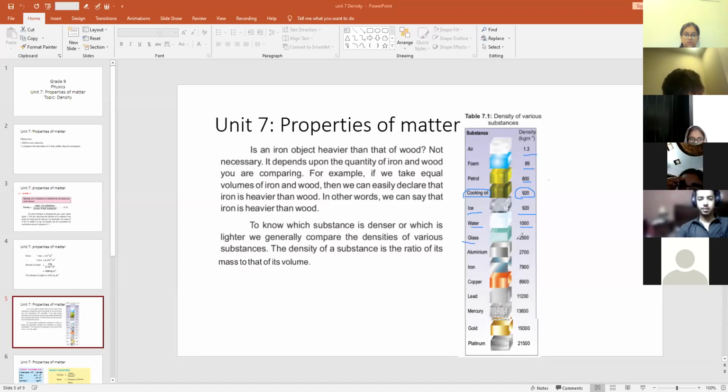Then glass has 2500 kg per meter cube, which means it is more dense as compared to the air, foam and petrol. Then aluminum, all of you know that aluminum is an element, has a density of 2700 kg per meter cube. Then iron has a density of 7900 kg per meter cube. So iron is more dense compared to aluminum.